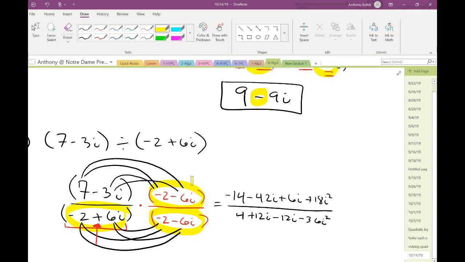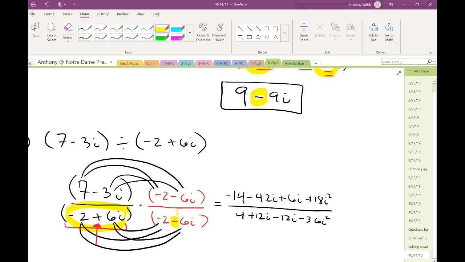That's just 1, right? And I can always multiply a number by 1 and not change the value of it at all. So that's why it has to be the same thing on top and bottom. And the reason I only flipped the one sign in the middle, you're going to see in just a moment when we simplify the denominator. The goal is to get the i's out of the denominator.